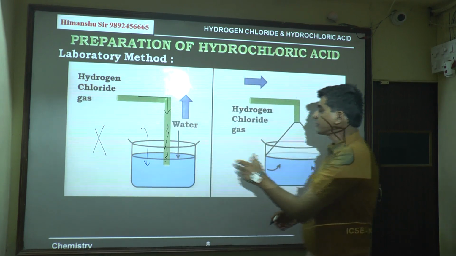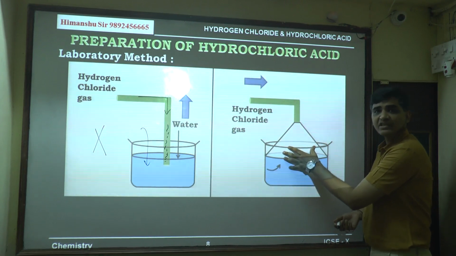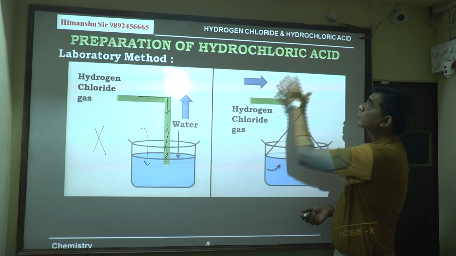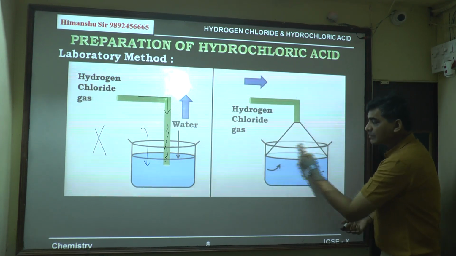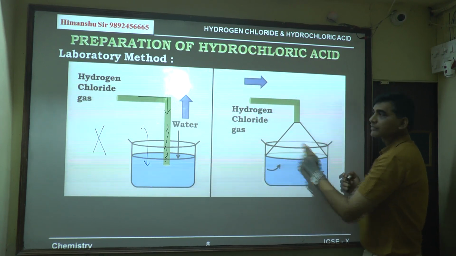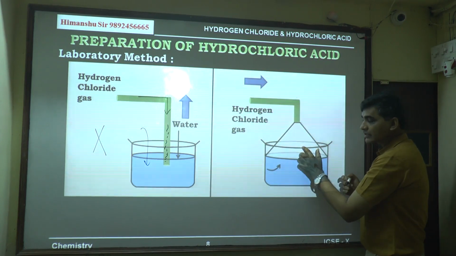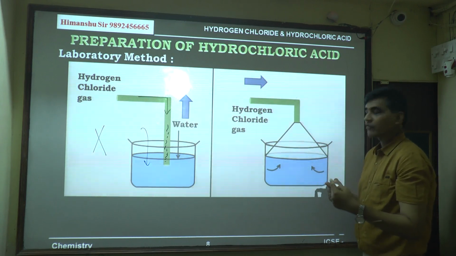Instead of that, we use a very simple experiment called the inverted funnel experiment for the preparation of hydrochloric acid from hydrogen chloride gas. The rim of the funnel should be in contact with the surface of water. From here we pass hydrogen chloride gas, it goes inside the water and hydrochloric acid starts forming.